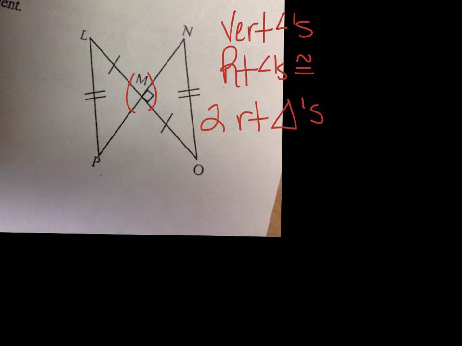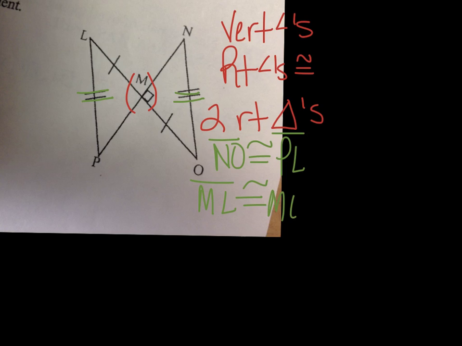And then if I look at my two right triangles, the hypotenuse of one triangle is congruent to the hypotenuse of the other. And OP is congruent to PL. And the legs, ML is congruent to MO.